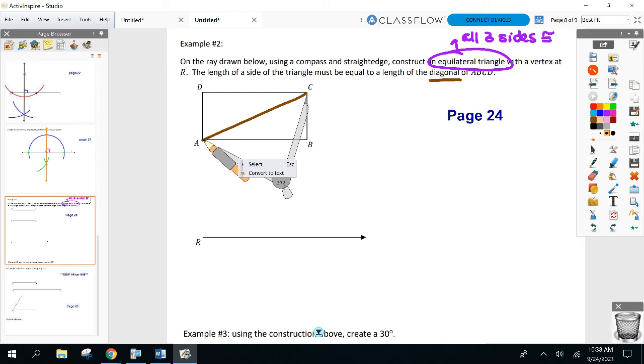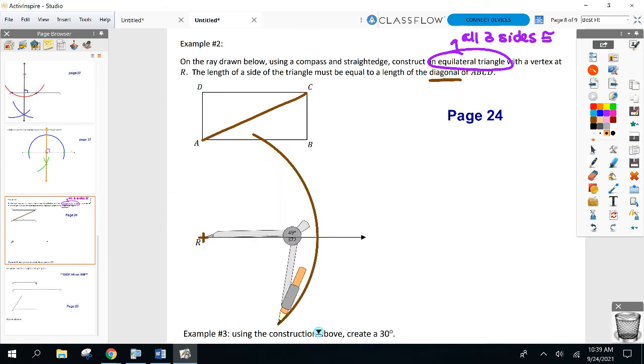Now put your compass point on R. Put your compass point on R. And you're going to make a decent size arc here again. All right.